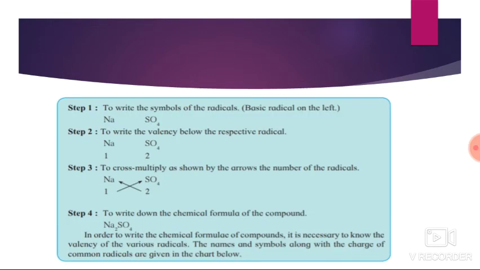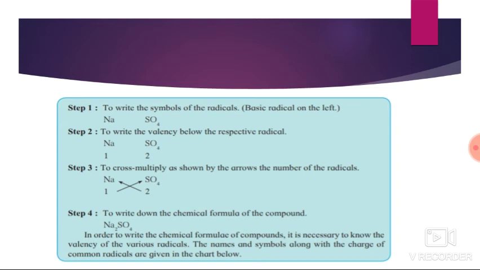These are the steps to write the molecular formula for a compound. Step 1, write the symbols of the radicals. So basic radical on the left always, because the first will be the basic radical and the second will be the acidic radical.